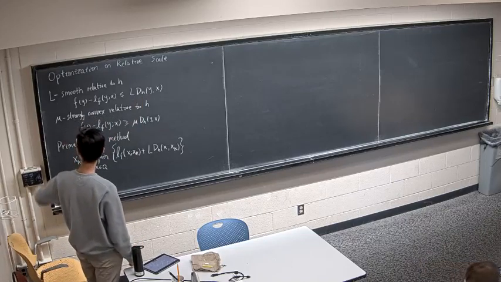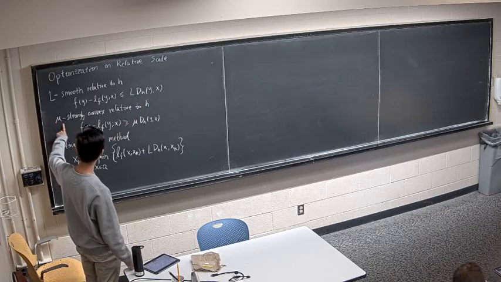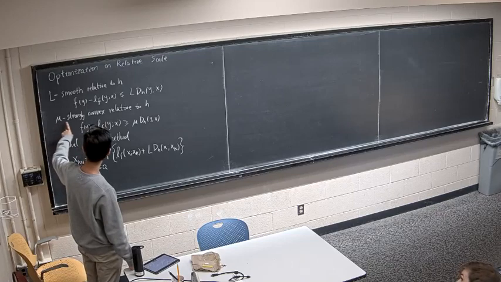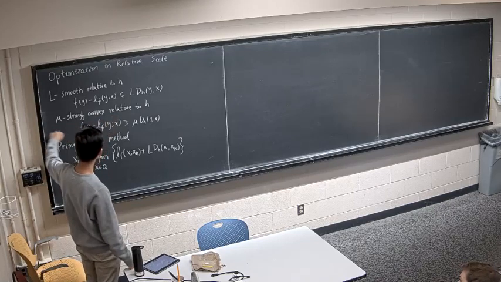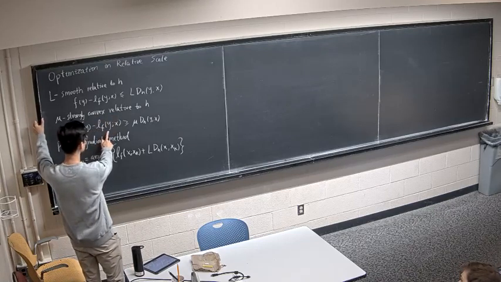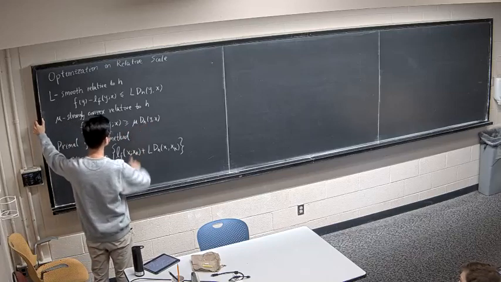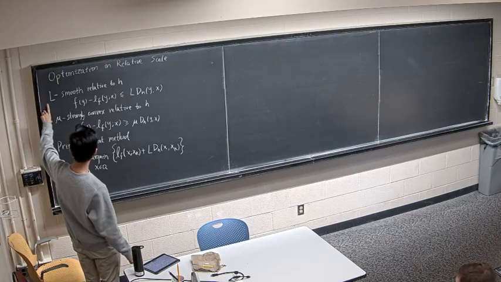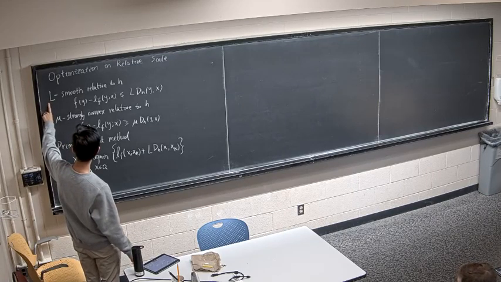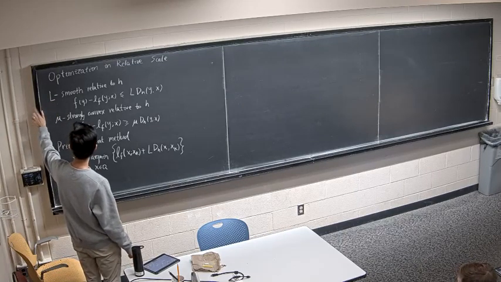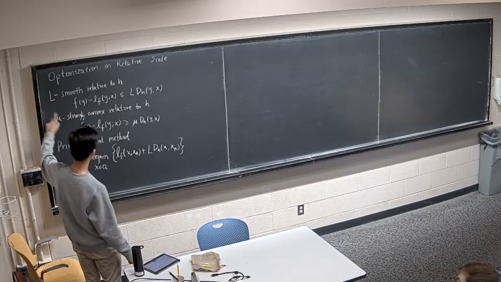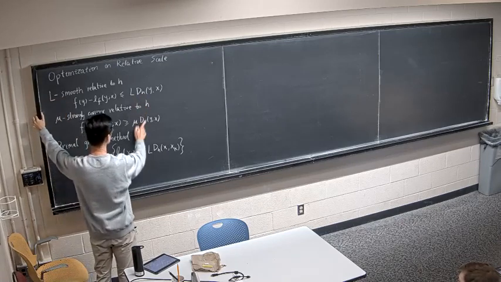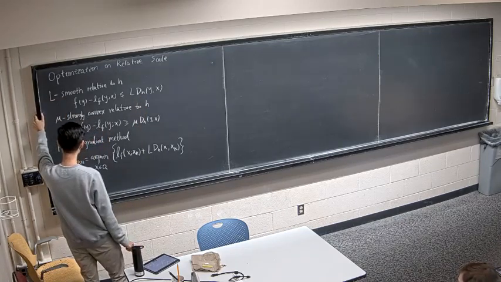And the other notion is mu-strong convexity. When we say F is mu-strongly convex relative to H, it means F minus its linearization is lower bounded by mu times the Bregman divergence. So these two generalize the normal definition for L-smoothness and mu-strong convexity whenever you change H to the Euclidean distance.